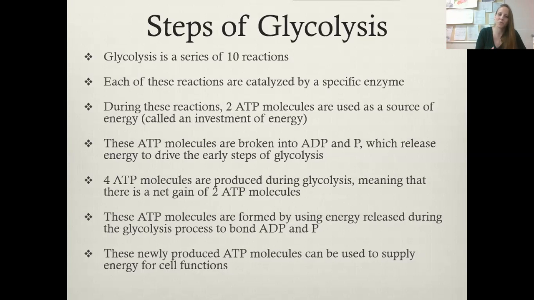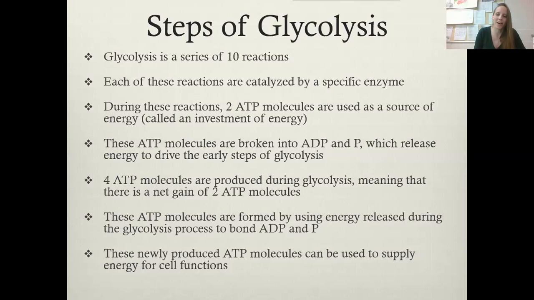And then in the end, we get 4 ATP back, which means we have a net gain of 2 ATP. So we put 2 in, we get 4 back. We've made essentially 2 ATP. It would be like if you gave someone $2 and they gave you 4 back, you've just made $2.